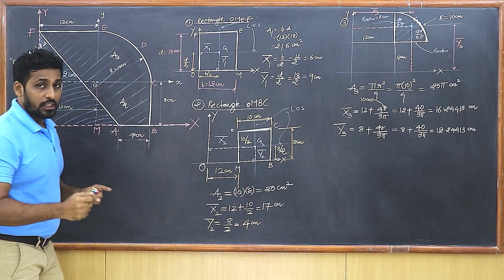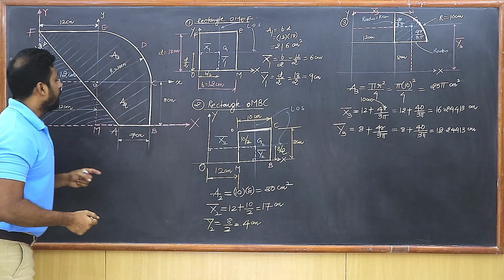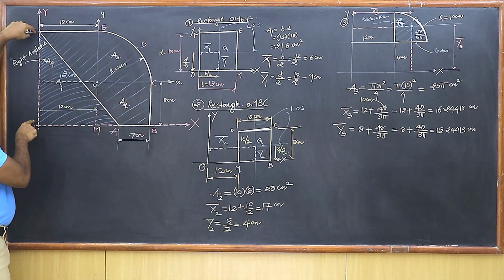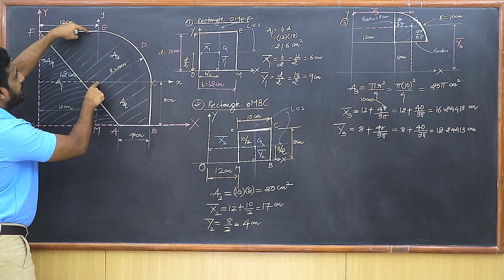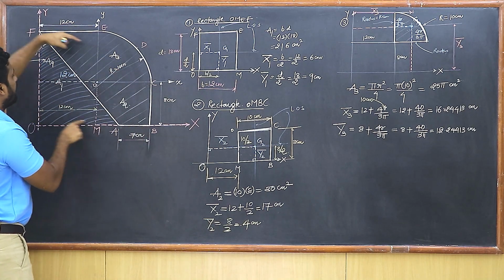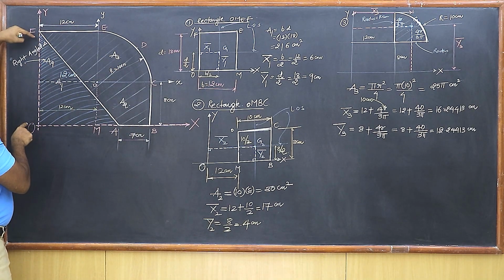Now you need to know the dimensions of this right angle triangle. So if you look at the perpendicular height, let us say this OF represents a perpendicular height. So this is very easy to tell. It is going to be this 10 centimeters plus the 8 centimeters. It becomes 18 centimeters. So the perpendicular height is 18 centimeters.